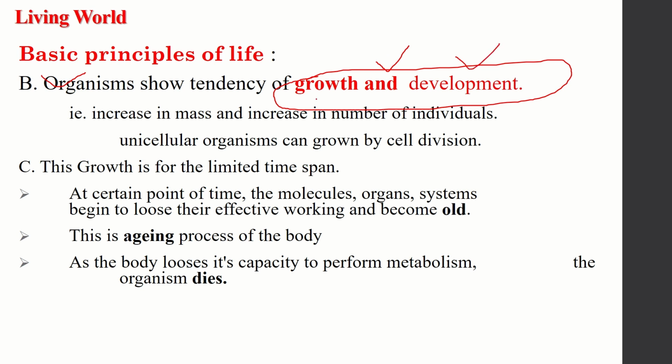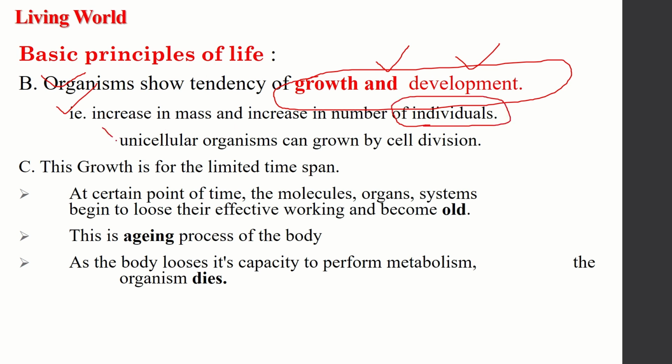They can grow from birth onwards. This is not a continuous process but for a limited period. Here the increase in mass and increase in number of individuals is the growth of that particular organism.